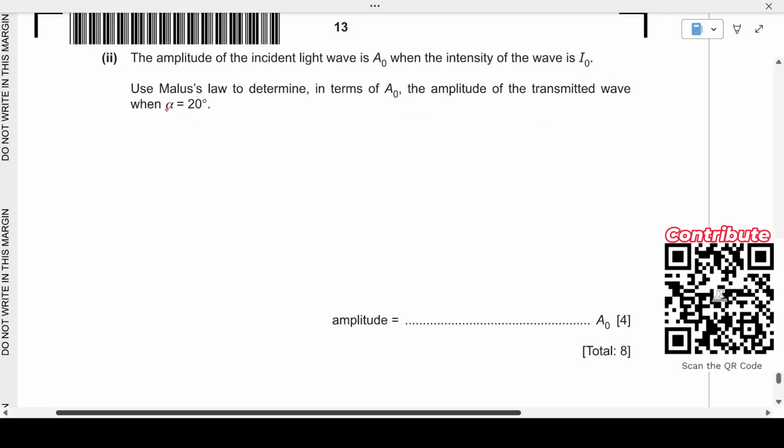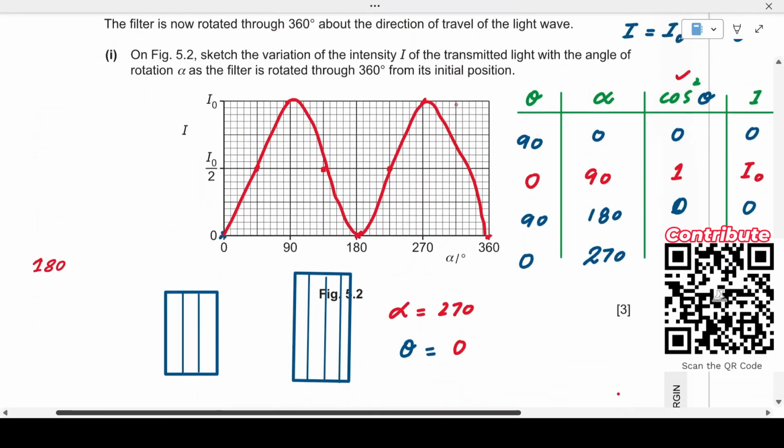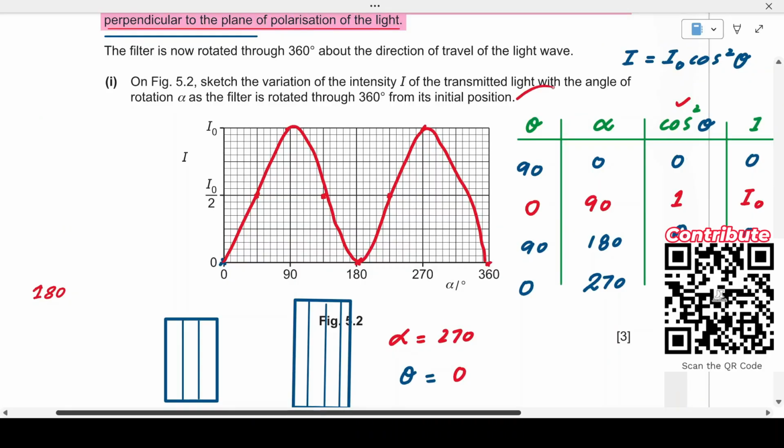Alright, now for the last one, alpha is 20, which means what should be the angle theta? If alpha is 20, then the angle theta, meaning the angle of the second polarizer with respect to the first one, would be 70. Because there was always a difference of 90 between these two. Check, look.